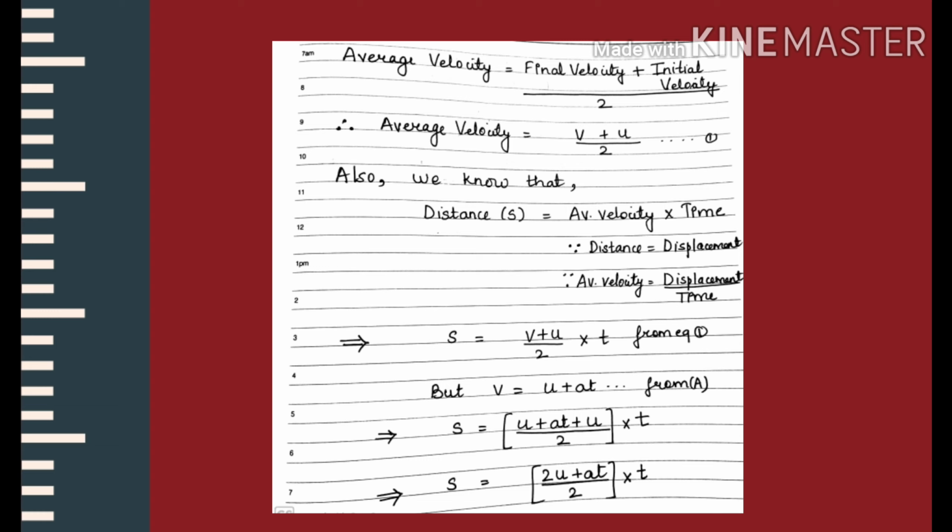Hence we get the above equation, which is distance is equal to average velocity multiplied by time. Writing this equation in mathematical form and substituting the value of average velocity from equation number 1, we get s is equal to v plus u divided by 2 multiplied by t.